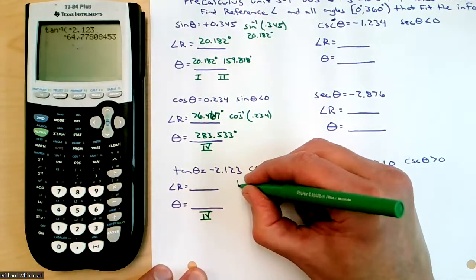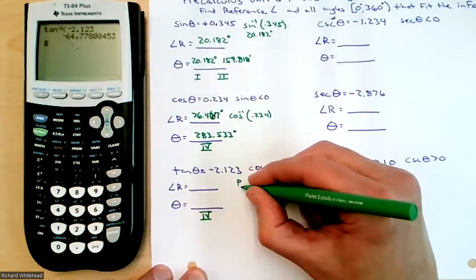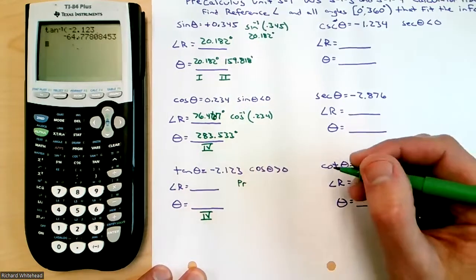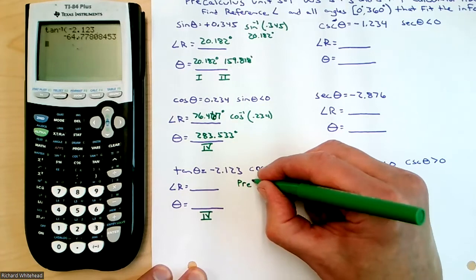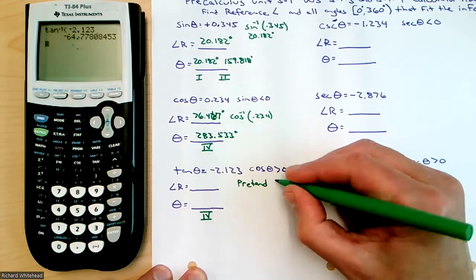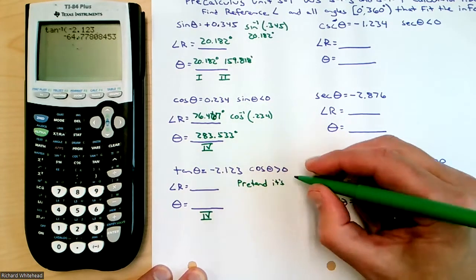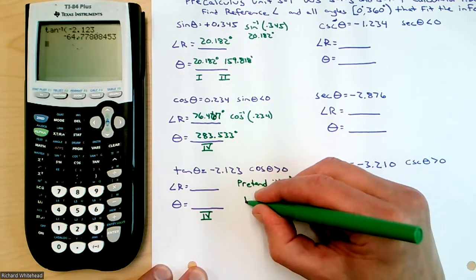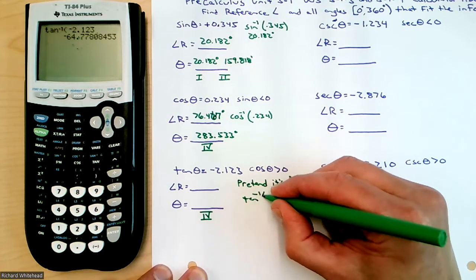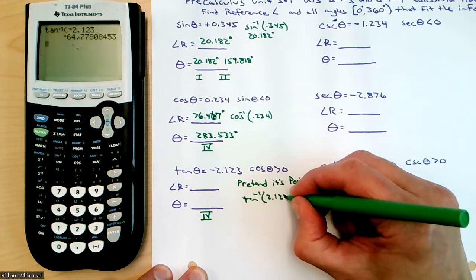I agree with that, but it doesn't work out as obviously for cosecant and secant, or at least for secant and cotan. So what I always say is pretend it's positive for one step. Do inverse tan of positive 2.123.